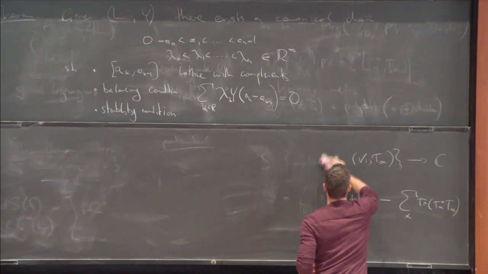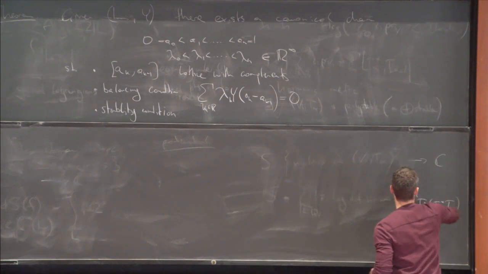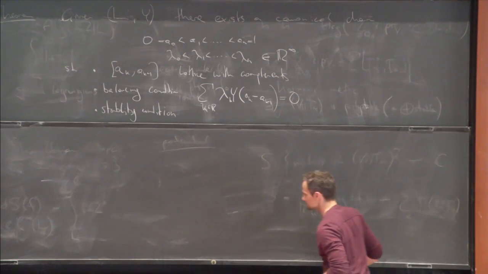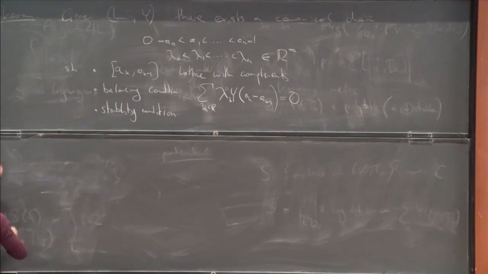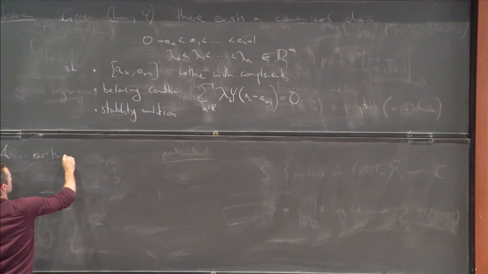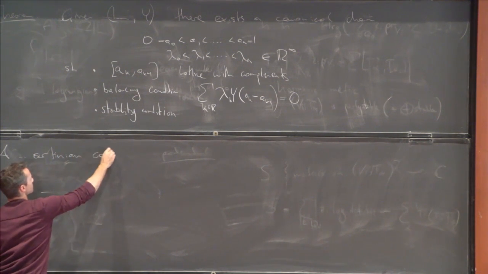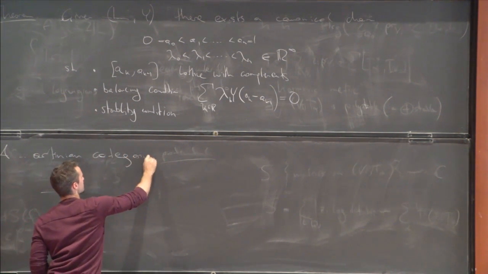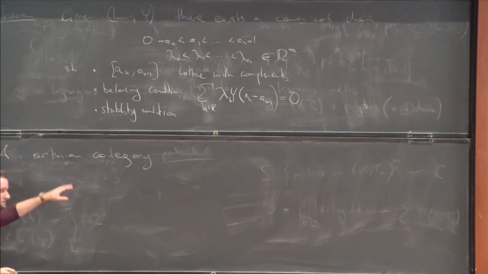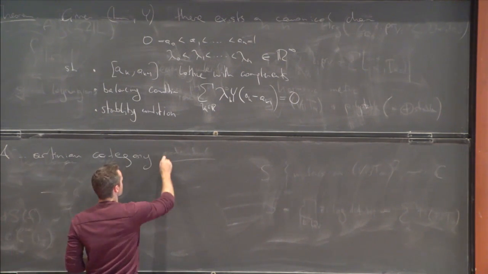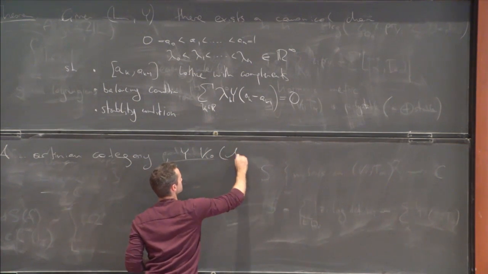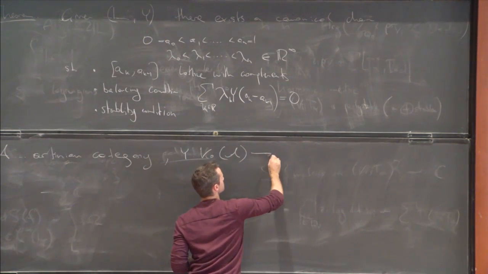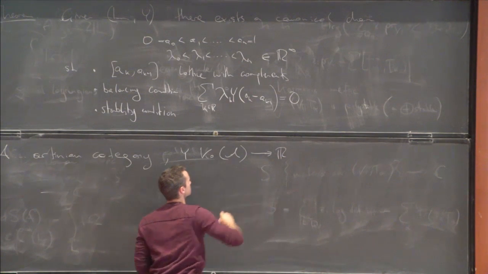But again, maybe the most important example for now is if A is some artinian category. So this lattice is sub-objects of a certain object in here, and Y is going from K0 of that category to R.